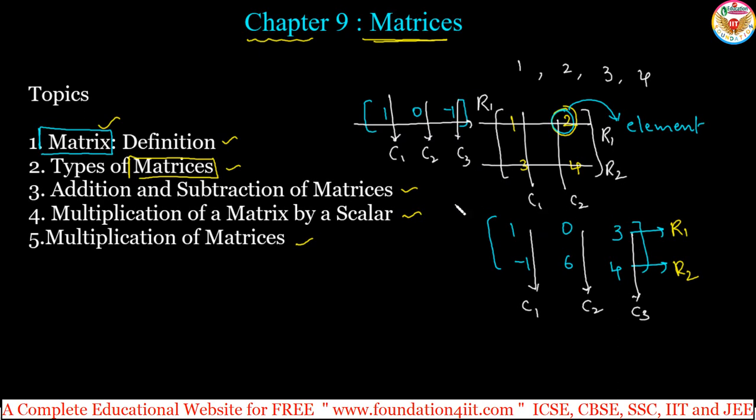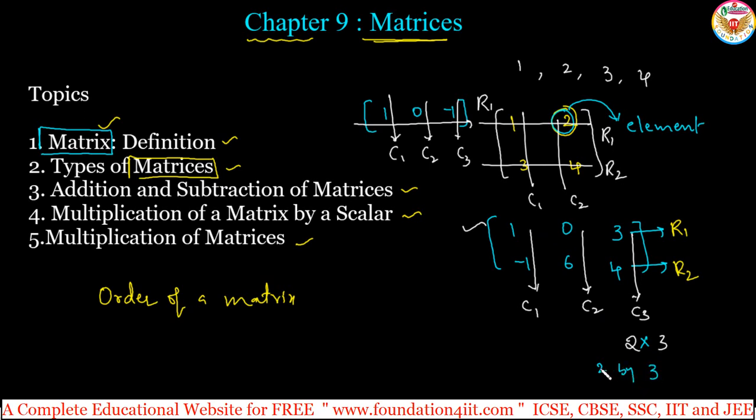Just remember that. Now let us see the order of the matrix. What is the order of a matrix? The order of the matrix is the number of rows and the number of columns in it. Always use the rows first. In this example there are two rows and three columns. We use the cross symbol in between, but we read it as 2 by 3.